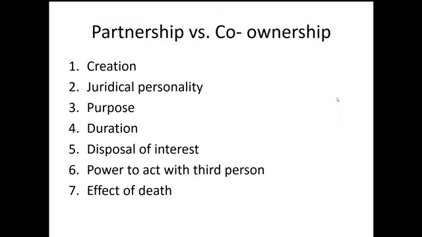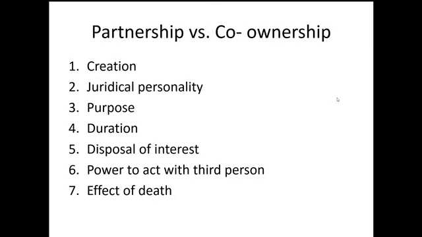Now let us distinguish first partnership from a co-ownership. Di ba pag sinabi kasing co-ownership, there are two or more persons who are co-owners of undivided property. Now, first distinction, as to manner of creation, partnership is created by agreement.